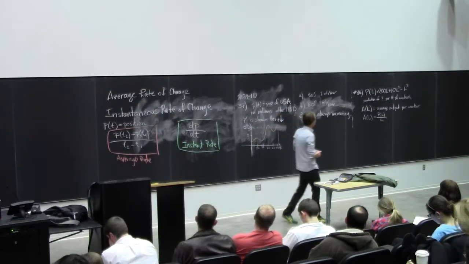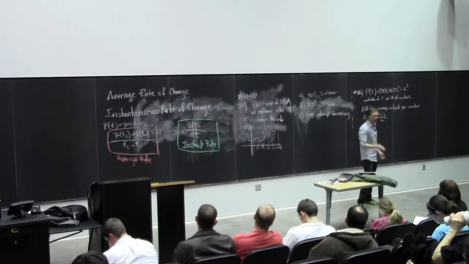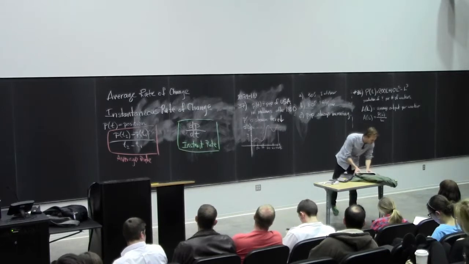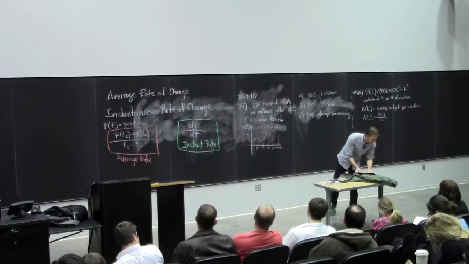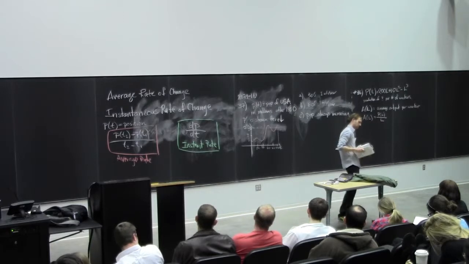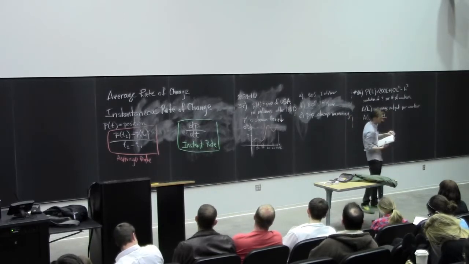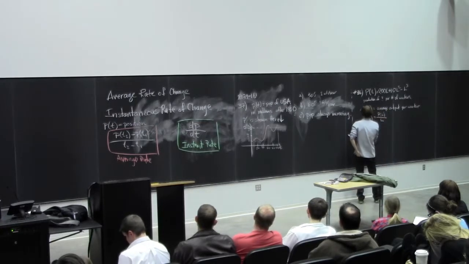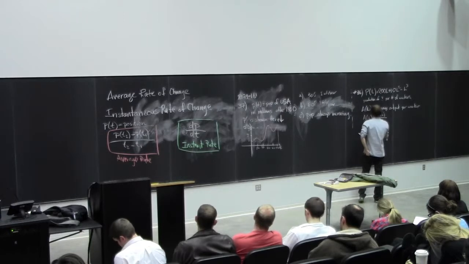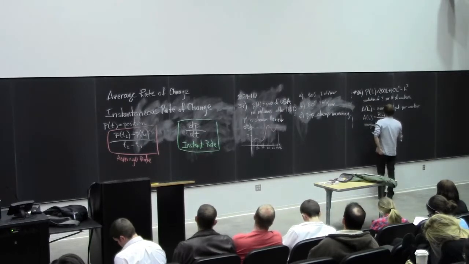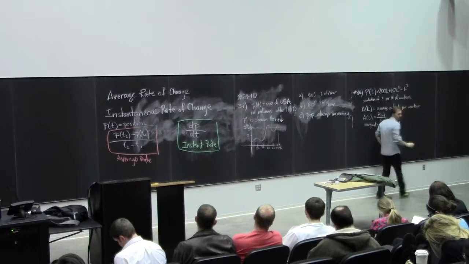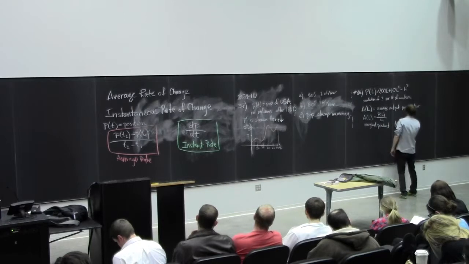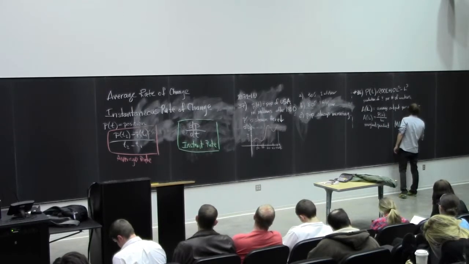All right? Okay, so this is average output. And then the marginal product, M of L, equals dP dL.